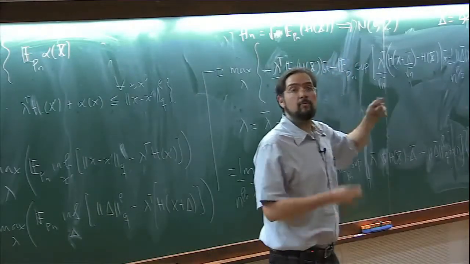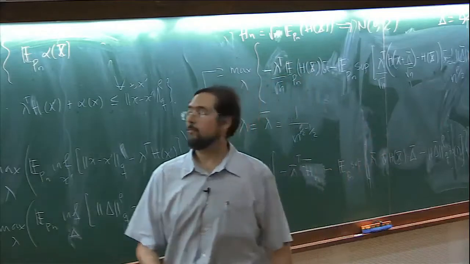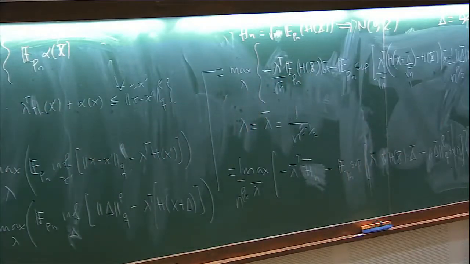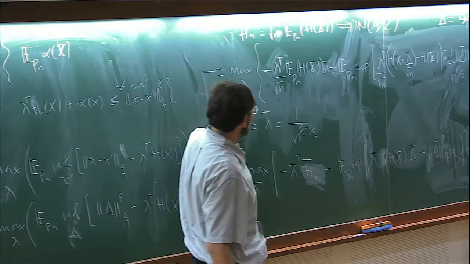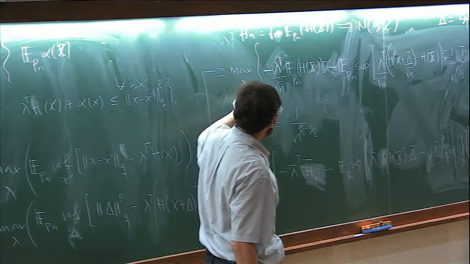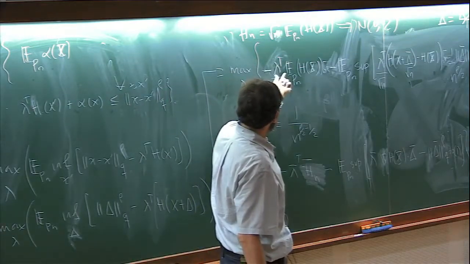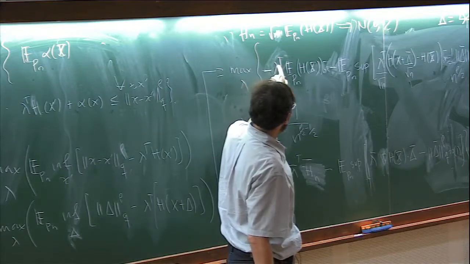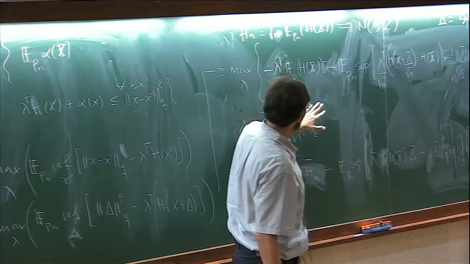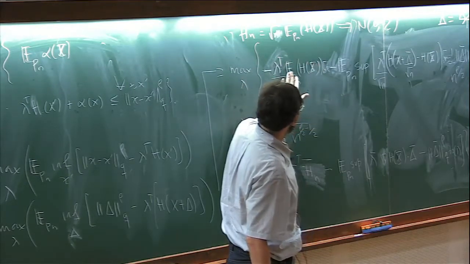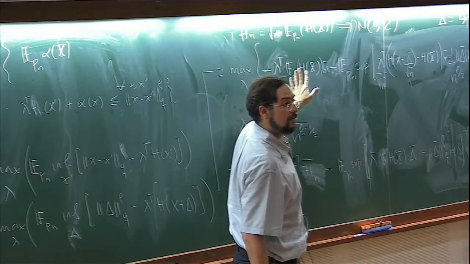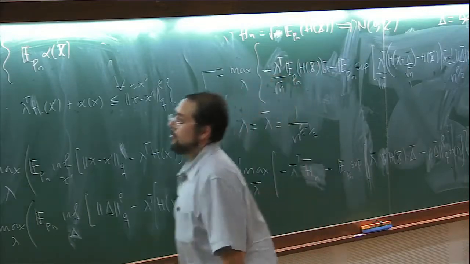So I could be testing a stationary point of the optimization problem, but I do need continuous differentiability. When I start working with this max, I don't want this guy to pick something that makes this 0. So I need to avoid the degeneracies of the covariance.